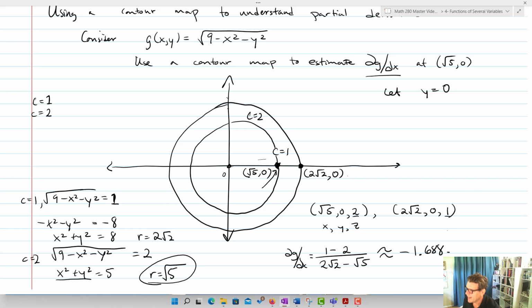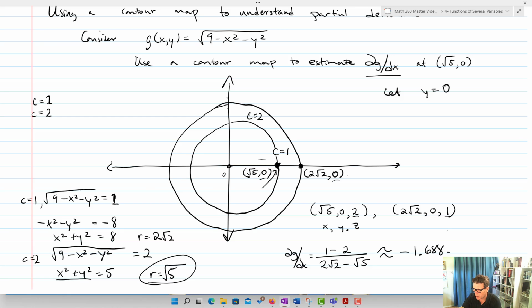Kind of simple if you think about it. You can pick whatever value you want for y in this case. We weren't told which one to choose, so we chose the easiest one, y equals 0, so we just have to find x-intercepts, and the x-intercepts are just our radii. What I want you to see is that y didn't even play a role there, because it's 0 in this case.